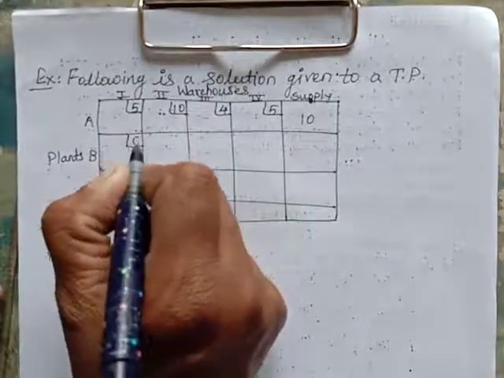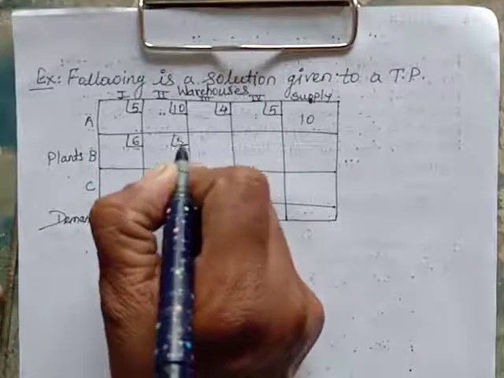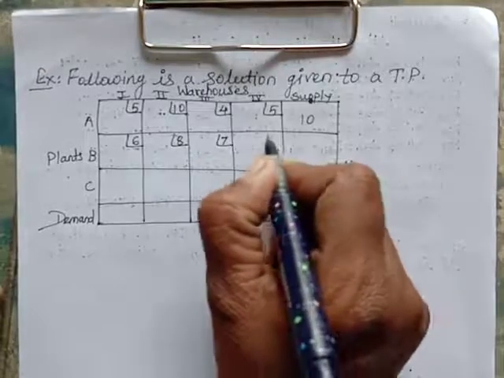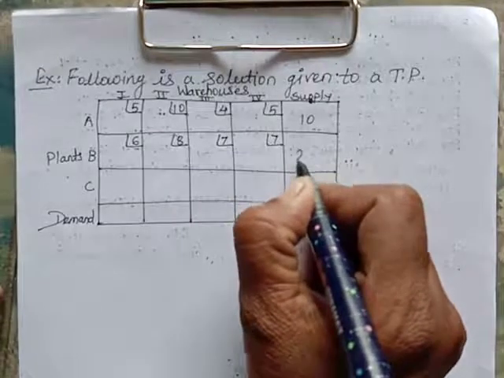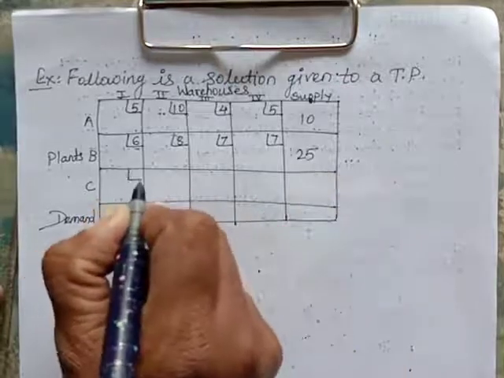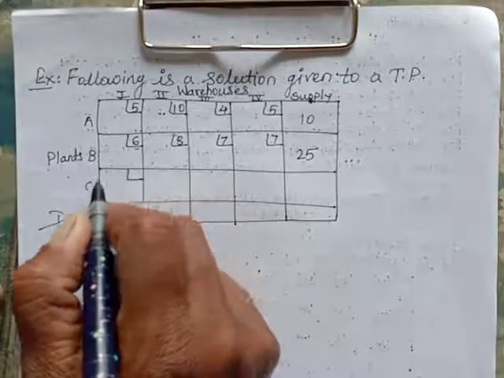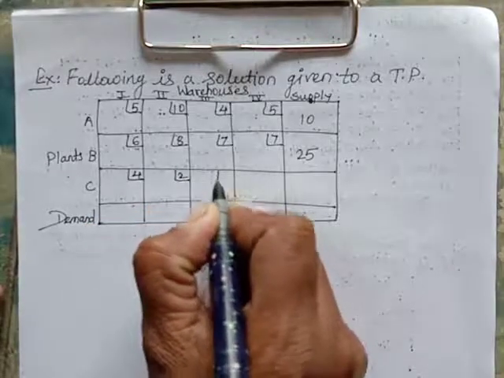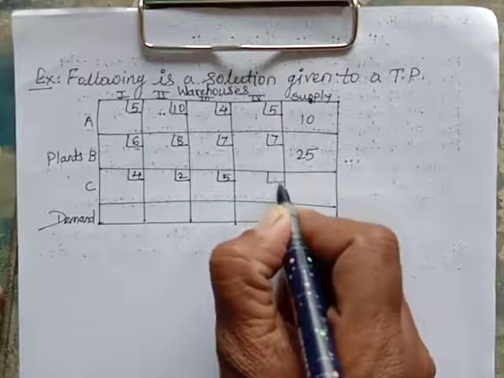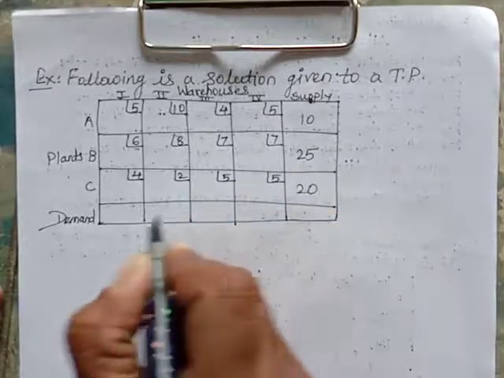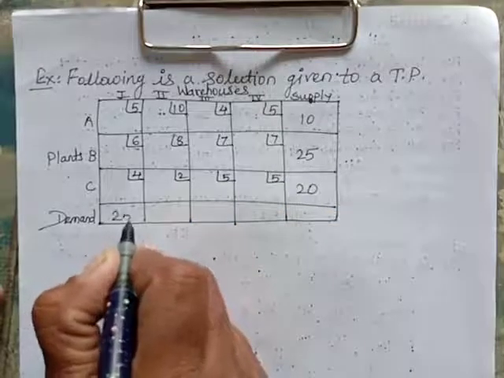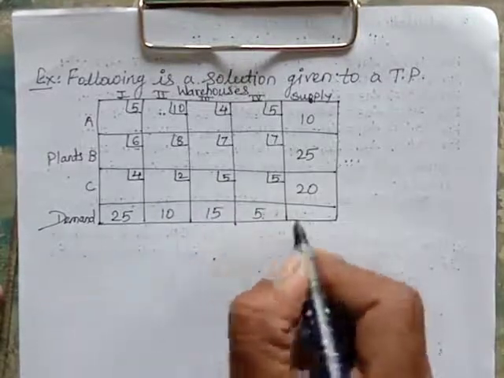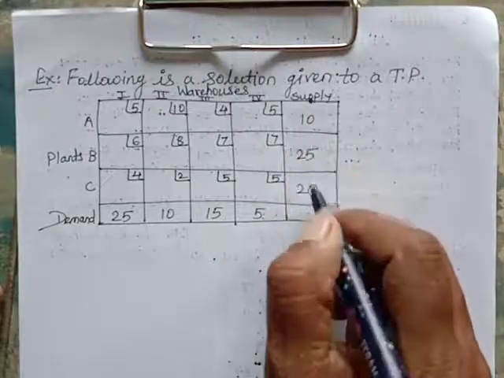Then 6, 8, 7 and 7. The supply is 25. Again here 4, 2, 5 and 5 and the supply is 20 and the demands are 25, 10, 15, 5 and the total of this one is 55.